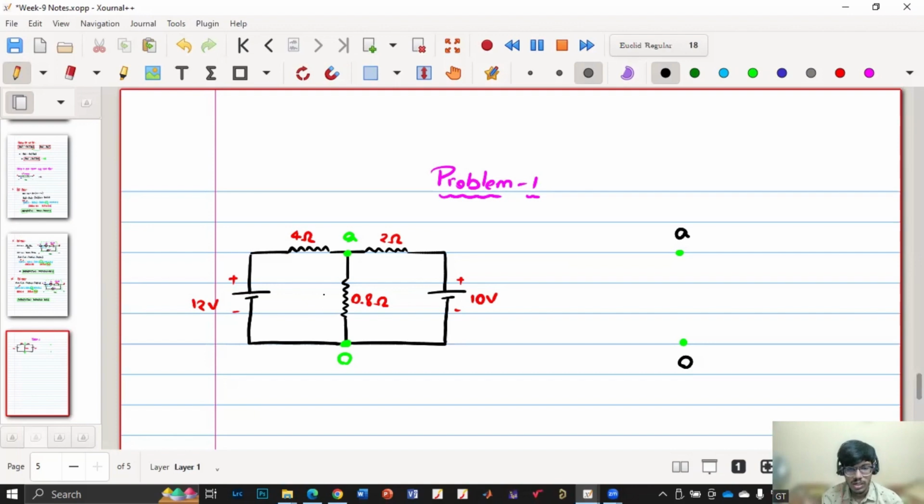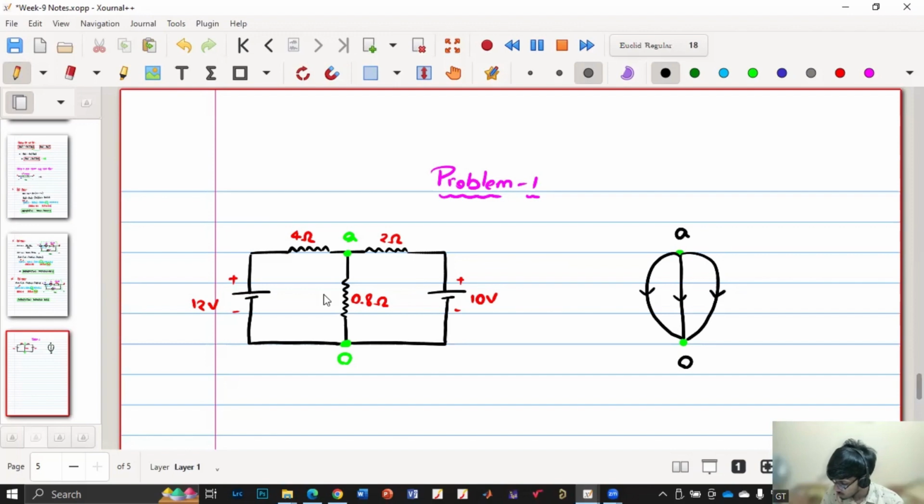Now I have to consider the branches or elements. How many elements are there in this given question? Three elements. So one is the middle and this one is the other one and this one is the other one. So I'll consider all the currents to be in the bottom direction. It could be anything.